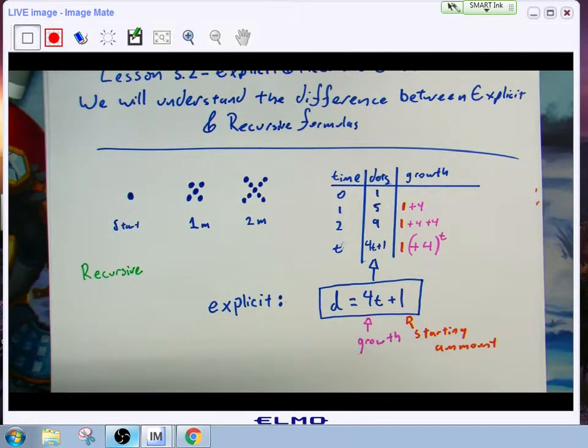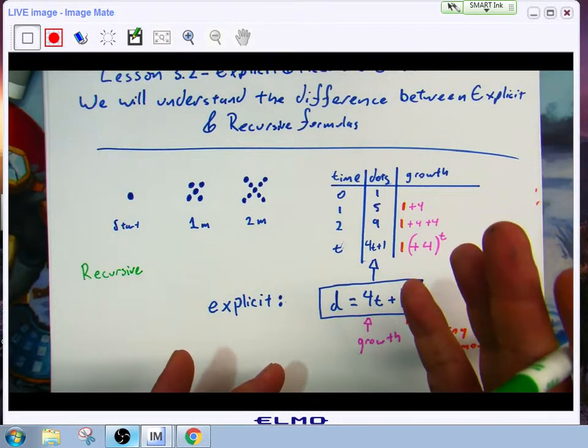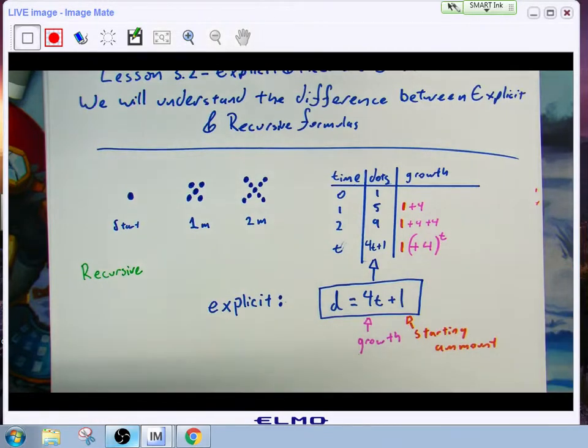When you hear the word recursive, what do you think of? Cursive. And what does that sound like? What's cursive? Way of writing, right? So recursive, if cursive sounds like writing, what do you think recursive is? Rewriting. Okay, perfect. So a recursive formula is a kind of a way of rewriting the step before.